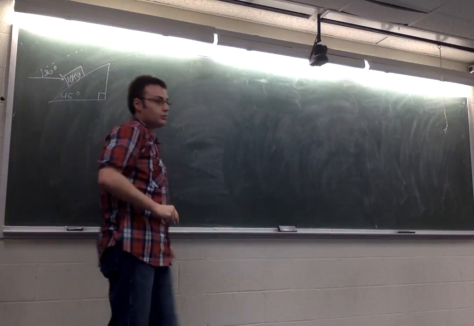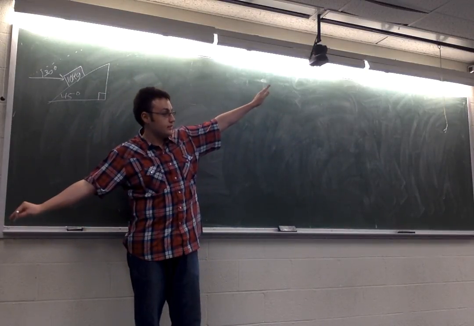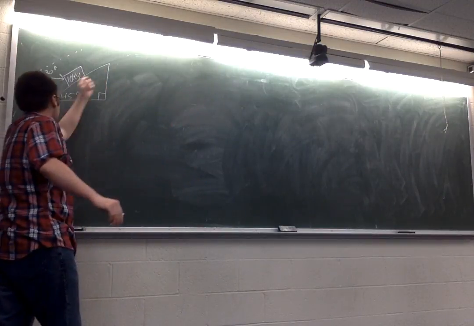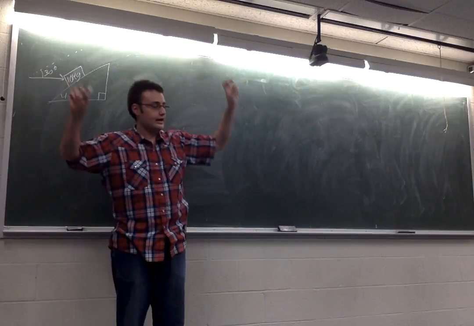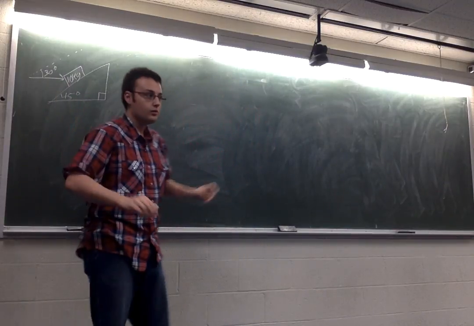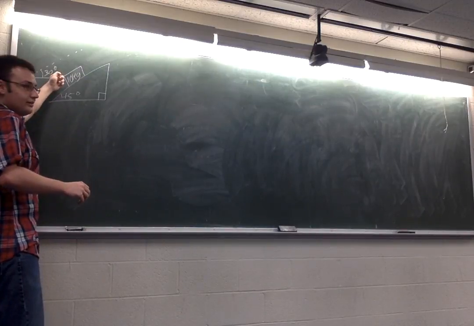So remember, when we set our axes for the incline, we move them like this. This part is the x-axis. So you can consider my force being applied 30 degrees below the x-axis, which is the incline. If that makes sense. It looks like this.